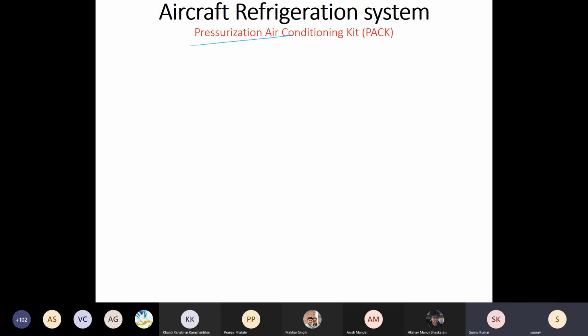Any hill station at 8,000 feet? I think Gangtok is at 6,500. So somewhere close to that level, so that we are safe.